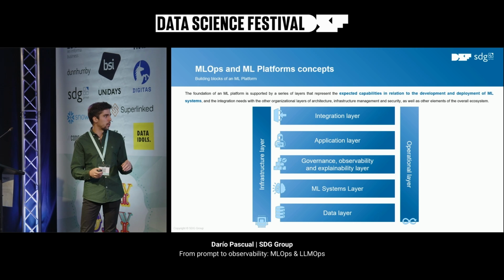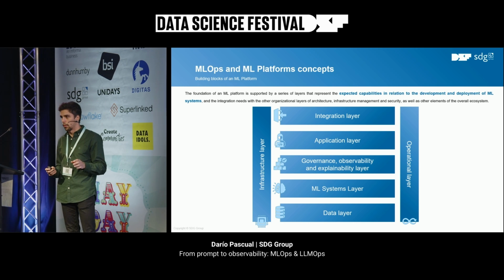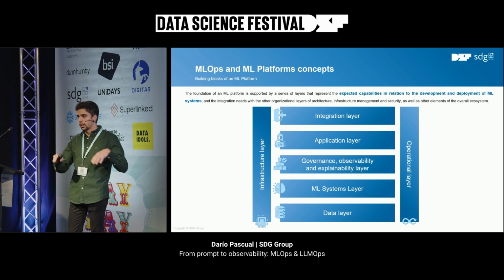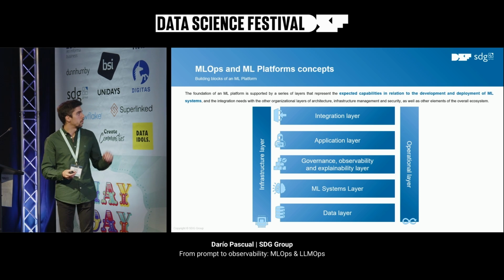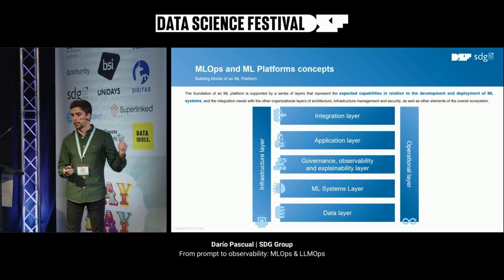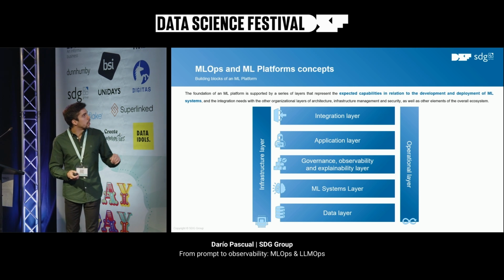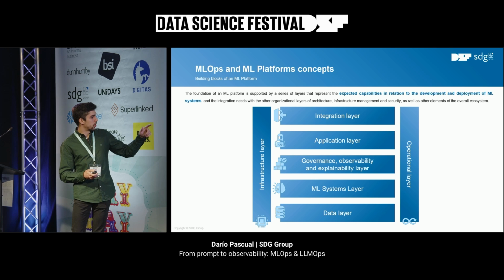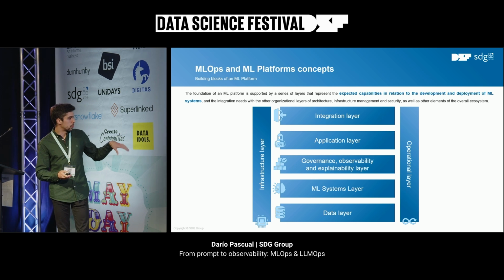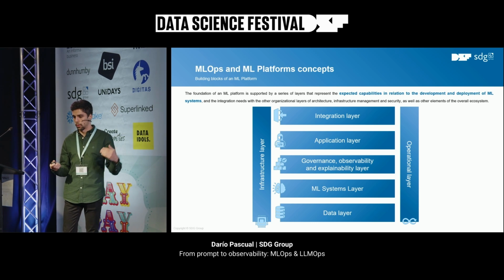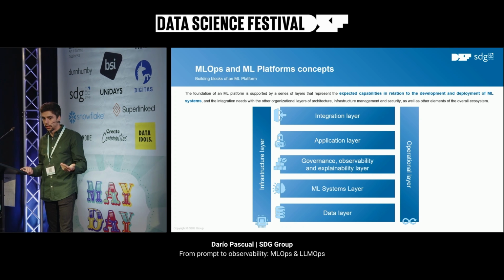The application layer works like a front end of our machine learning platforms. This is where the user can interact with the platform. And finally, the integration layer that, as I said, works as integration with the rest of the company. And the infrastructure and operational layers are transversal to all of these layers and provide us computing power and operations for our code. For example, MLOps.